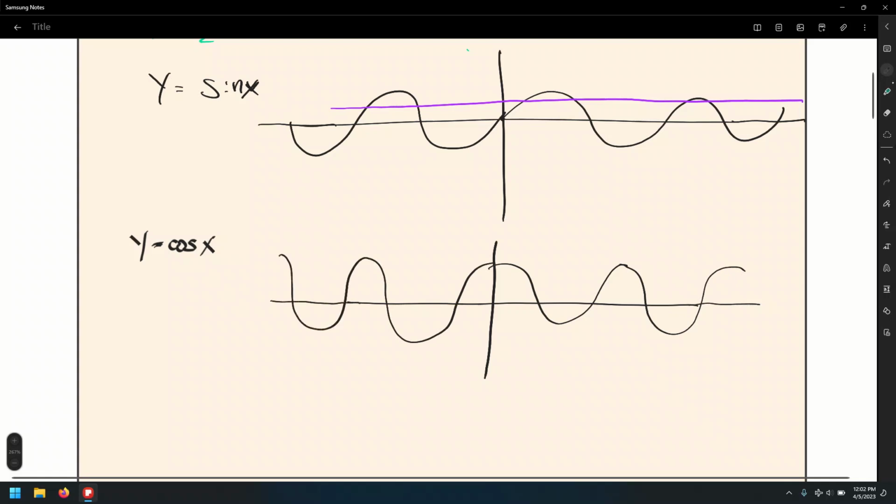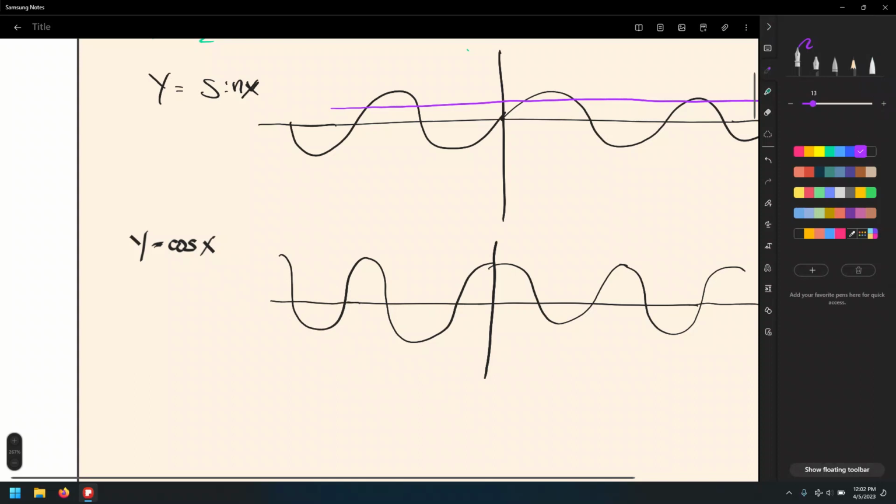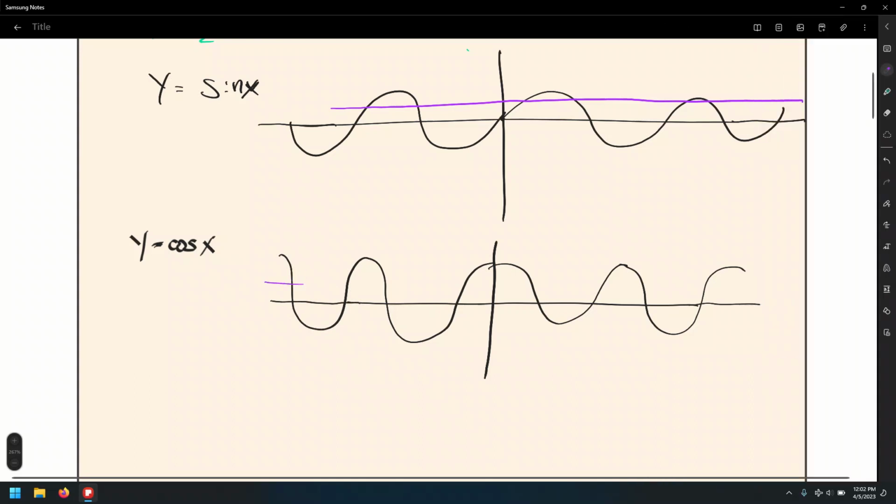Again, let's do the horizontal line test and see how the horizontal line in this case fails to cross at most once. So it crosses more than once, which is why this function is potentially not invertible.